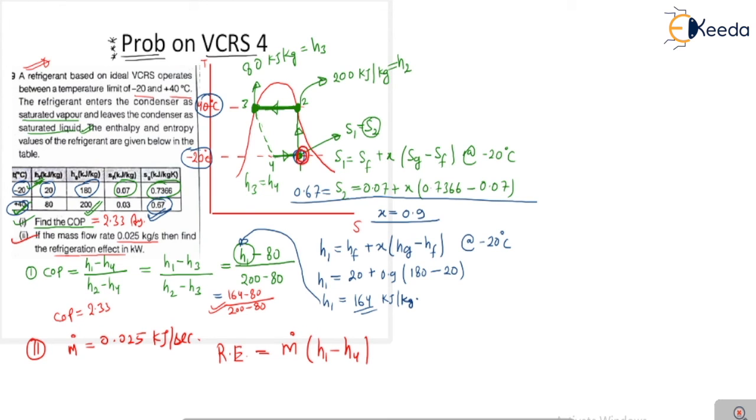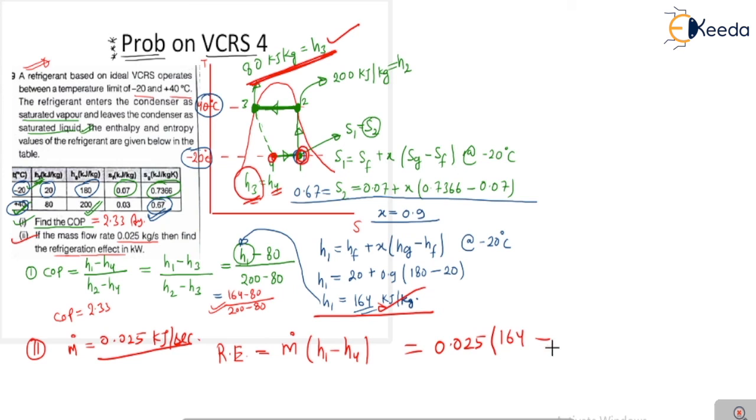So what is the value of H1? The H1 value is this, and the H4 value is nothing but the H3 value, which is this 80. And the mass flow rate is also given: 0.025, with H1 value 164 in bracket, and H4 value is H3, which is 80.